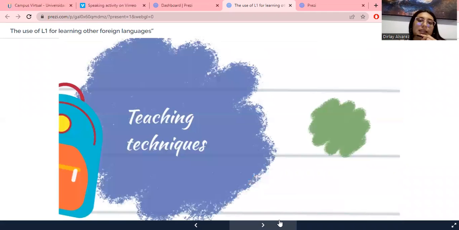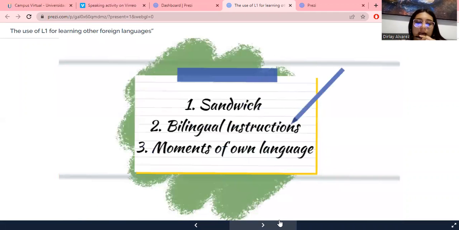And you can find teaching techniques. Number one is the sandwich technique, which consists of giving an explanation to the students in English, followed by its respective translation, and then repeating in English.